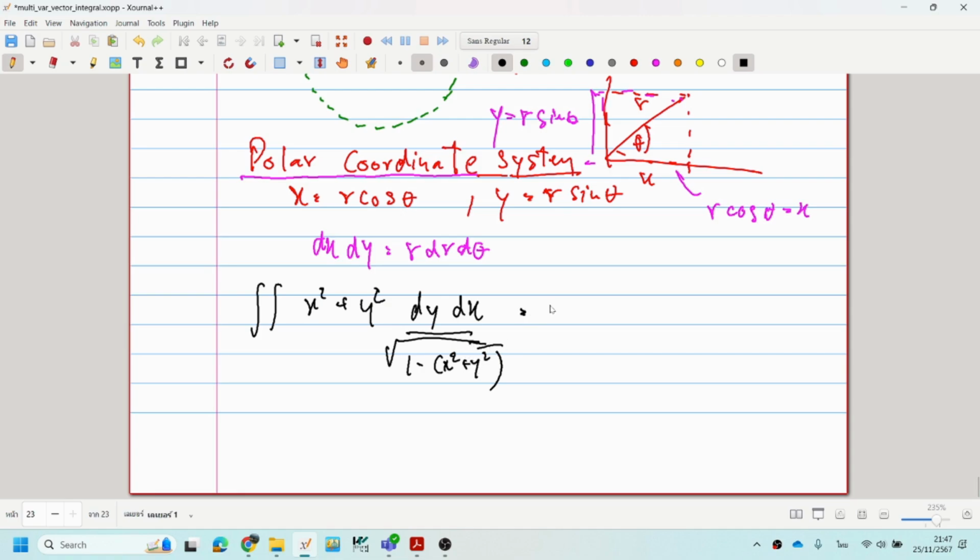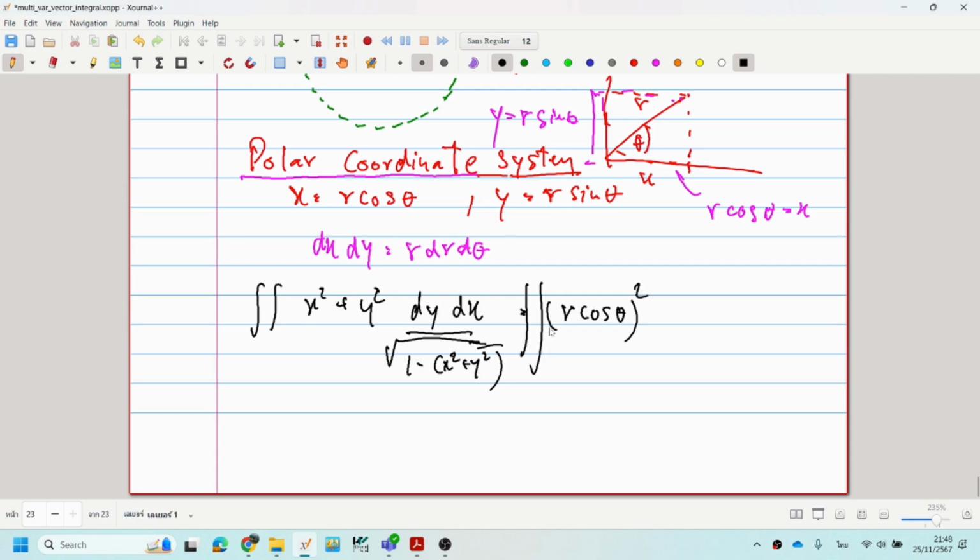Here is the Cartesian coordinate. When I change to polar coordinate, r cosine theta is x, squared.